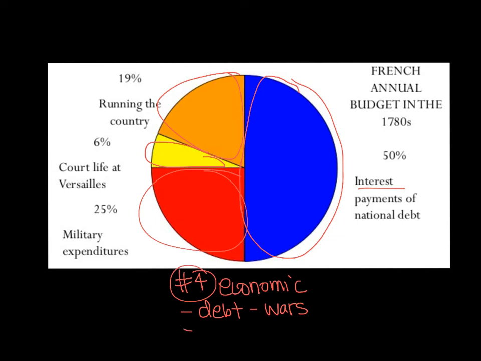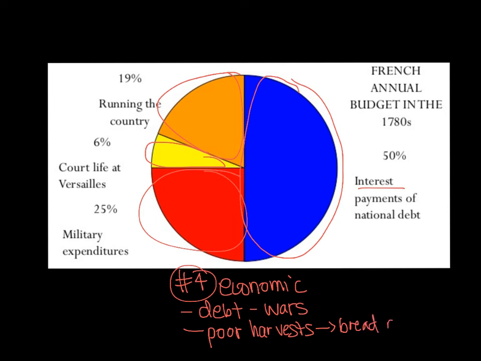A second economic factor was the fact that there had been poor harvests in the 1780s, which resulted in a lack of bread and then inflation in bread prices, which spread to a wider inflation and also unemployment. So this results in the poor getting filled with unrest because they don't have the fundamental things that they need to survive.